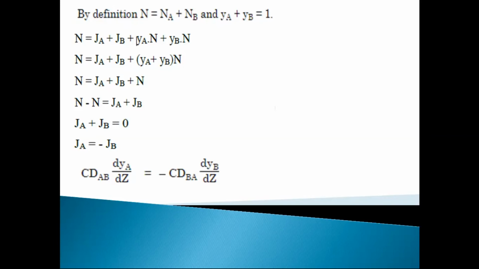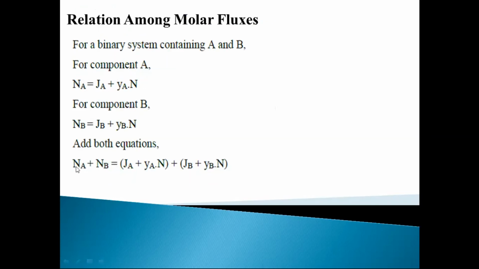Na is not a influx, it is the total flux for component A, and Nb is the total flux for component B. So N is the total flux and it is equal to Na plus Nb, and we know that the summation of mole fractions is always 1, that is Ya plus Yb is equal to 1. So we are just putting in one value. What is N here? N is Na plus Nb.